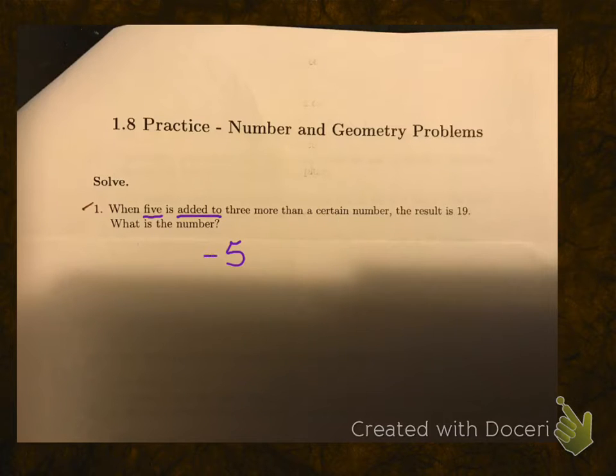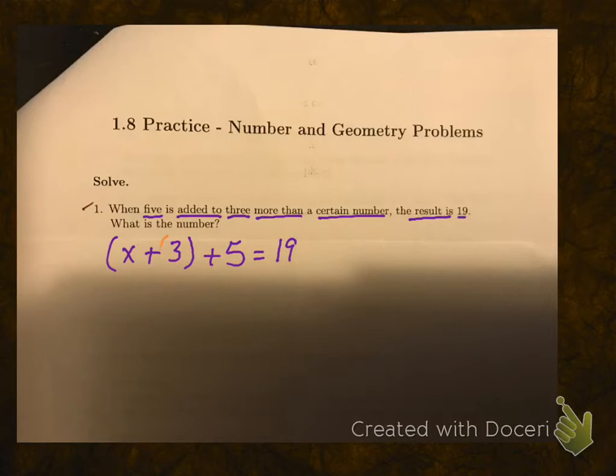Added to, so we're going to put that plus in front of that 5. 3 more than, so with that more than being a plus, we're going to put that in front of the 3. A certain number, we'll call it X. Call it N, call it A, whatever you want to call it. The result, that's equals, and then our answer is 19.